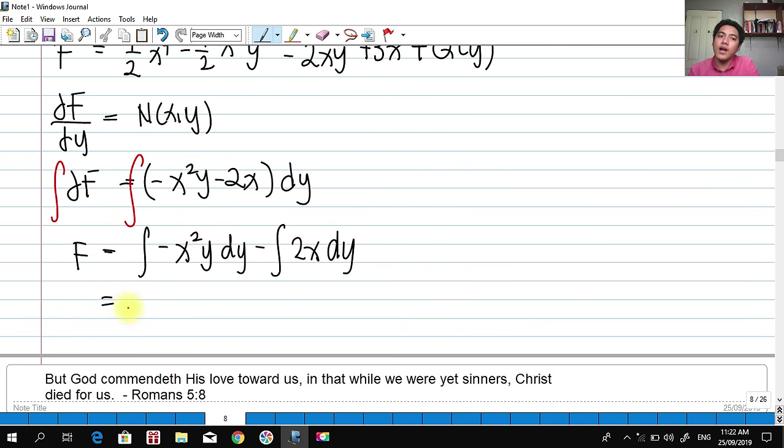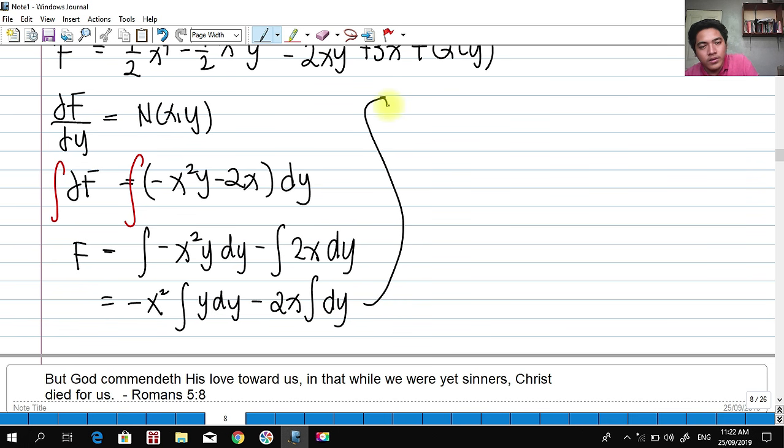So, any other variables aside from y are considered constant because we're integrating again with respect to y. So, we have negative x squared times the integral of y dy minus, I can factor out 2x here because we're integrating with respect to y, or dy. So, what will happen?